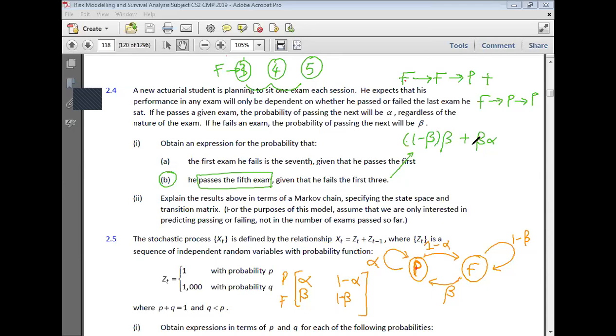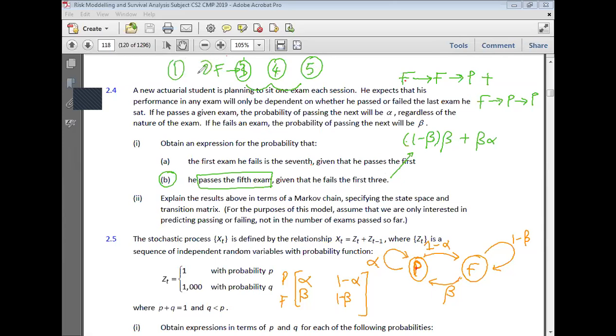No, not quite that. Okay, so we forget about states. Think of it in terms of transitions, right? States are P and F. And the number of exams that you do are 3, 4, and 5. These are not the number of exams that you have passed. These are in total the number of exams you have taken. And they're saying that he has failed the first 3 exams.